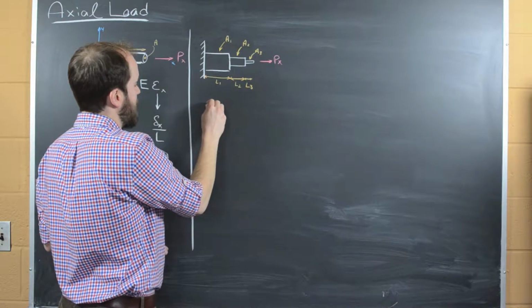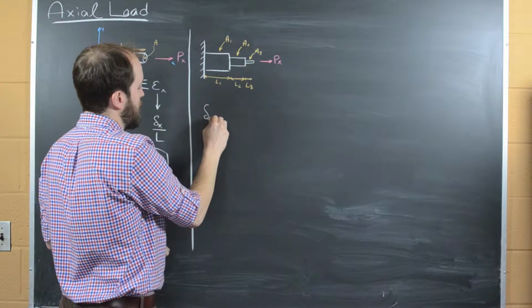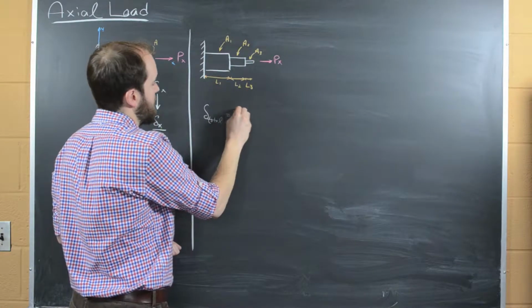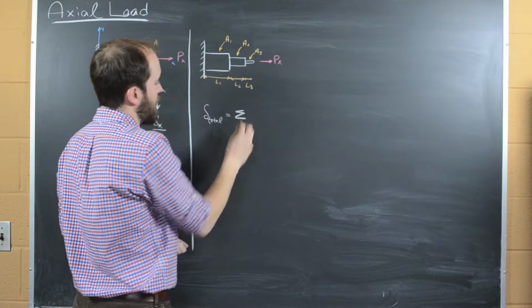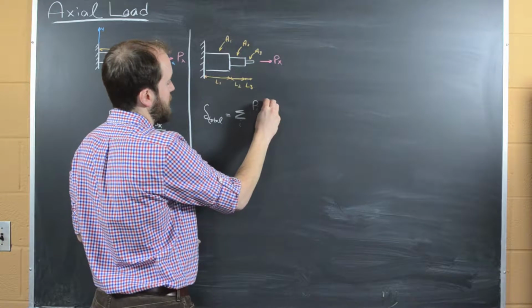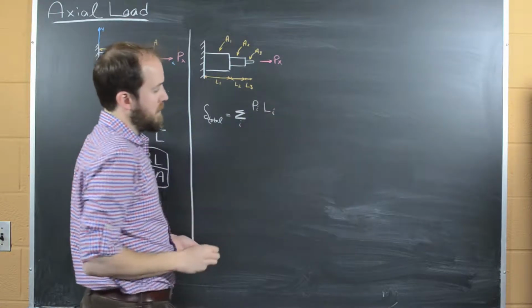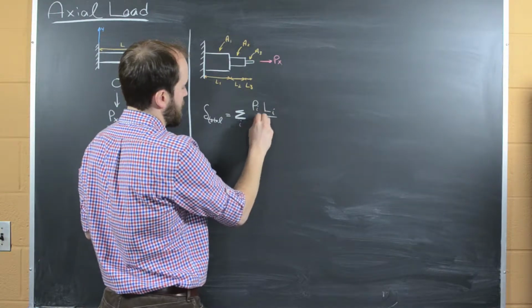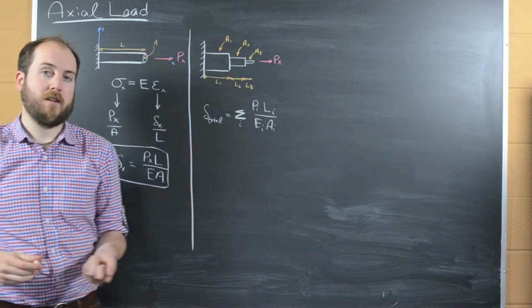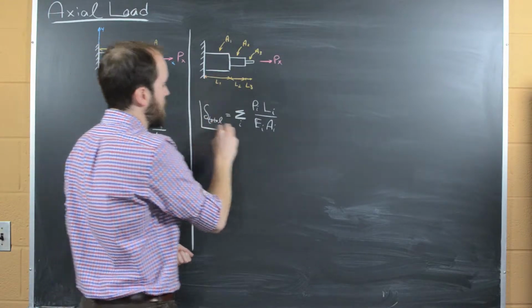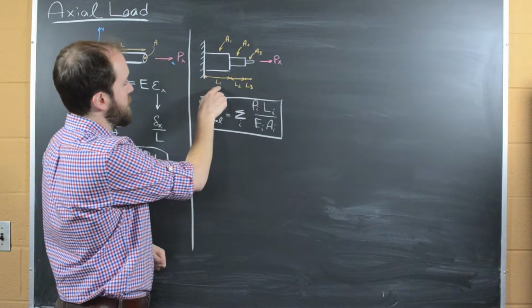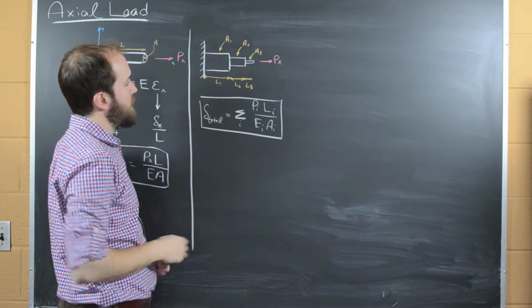And so what that means is that our total deflection is going to be the sum over all the little elements times the number of loads applied, P sub i, the length of each one, the elastic modulus of each one, and the cross-sectional area of each one. And so in this case we'd have three terms, one for the first element, one for the second, and one for the third.